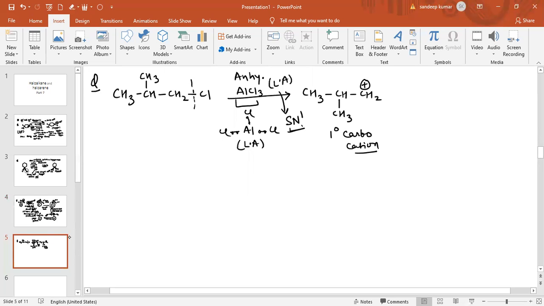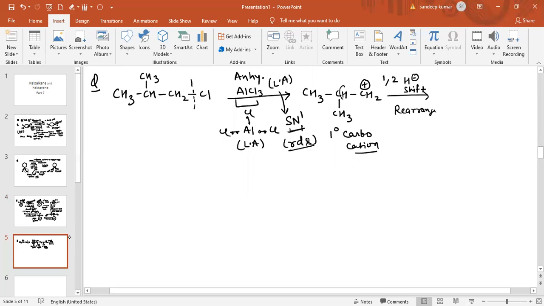As this is the SN1 mechanism, this carbocation can rearrange. The formation of carbocation is also a rate determining step. As this is a 1 degree carbocation, rearrangement is possible by 1,2 hydride shift.